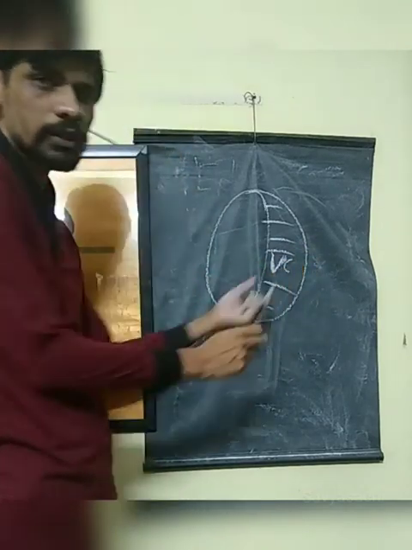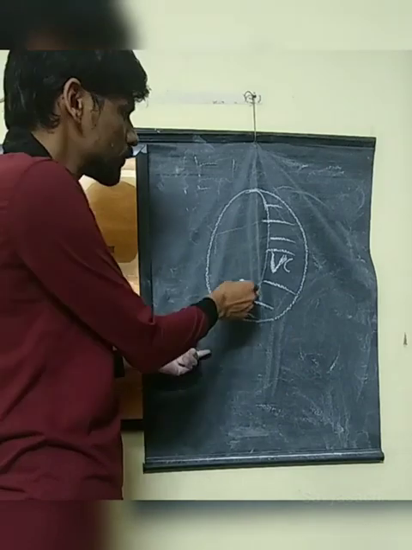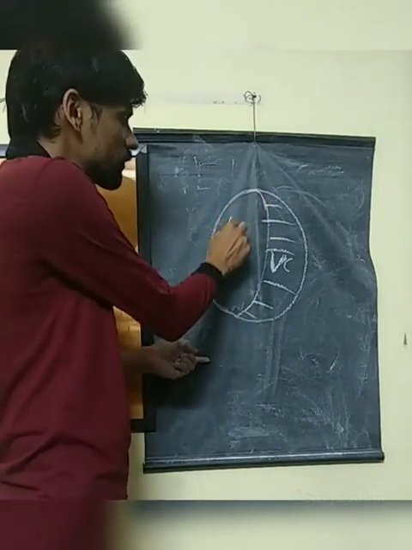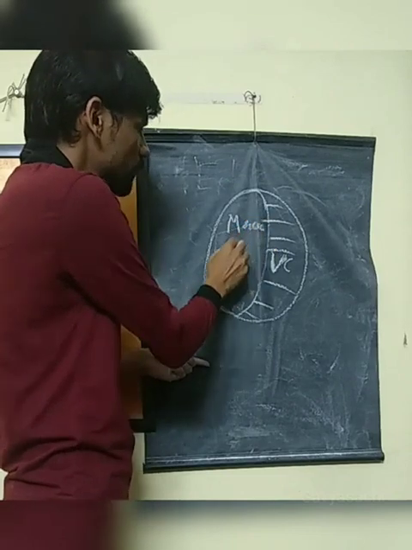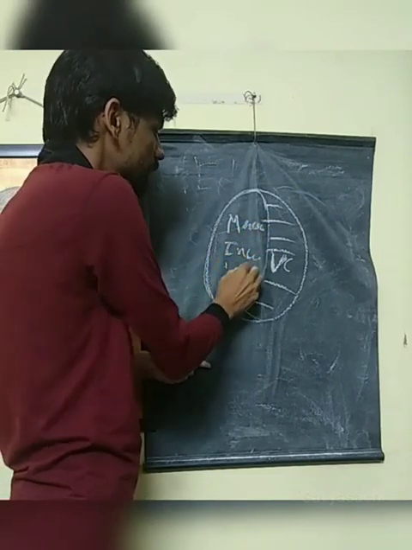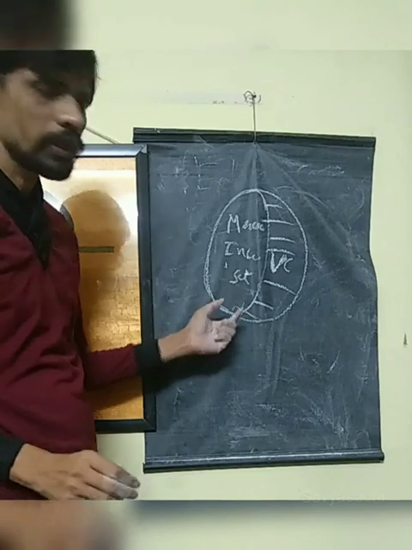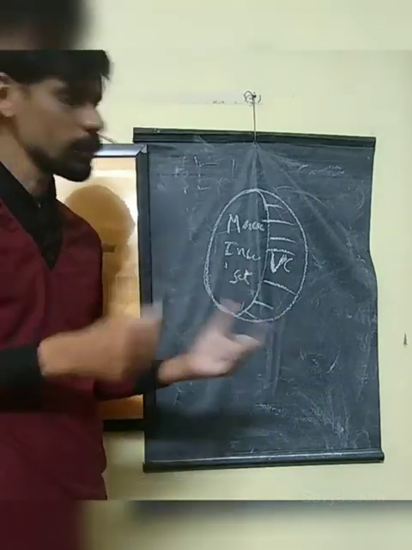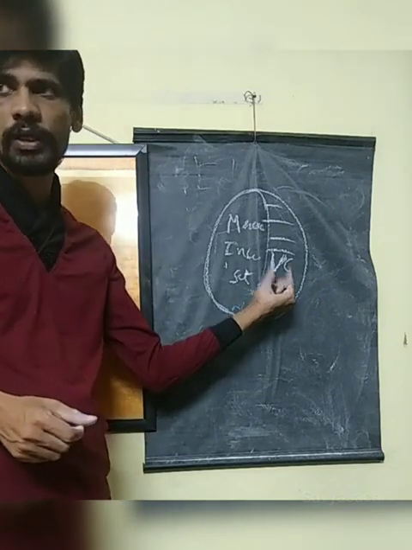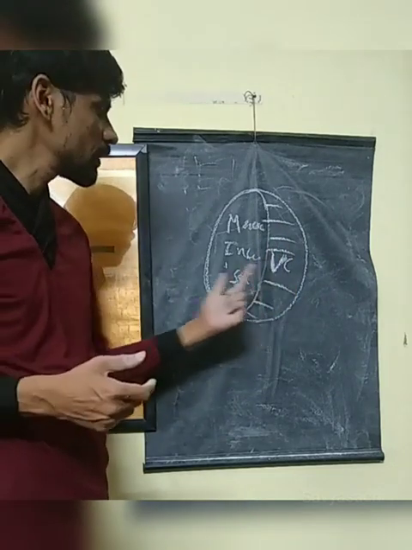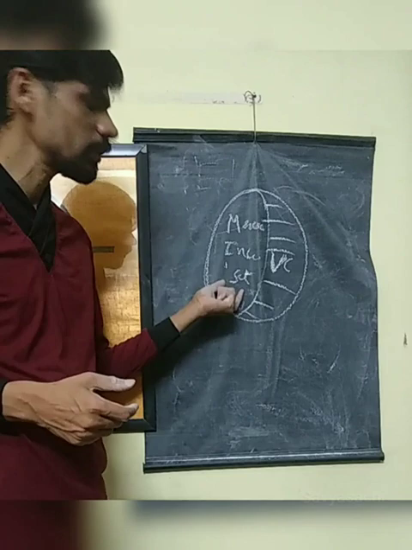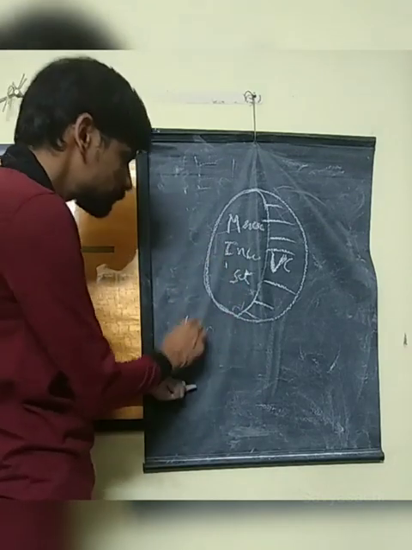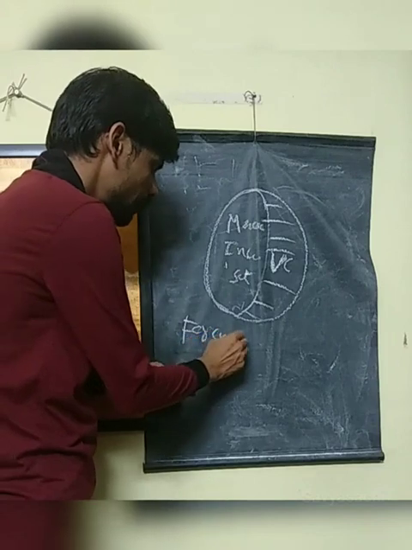The remaining vertexes will come under this, which represents the maximum independent set. For any graph, once you identify the vertex cover points, the remaining ones come under the maximum independent set.